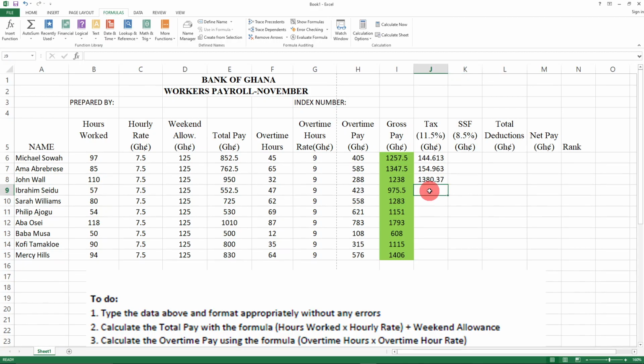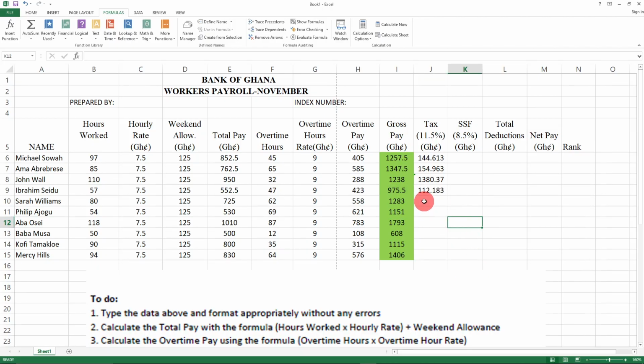We can do it for Ibrahim. So I9 times 11.5 divided by 100.